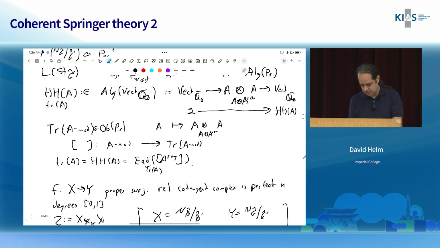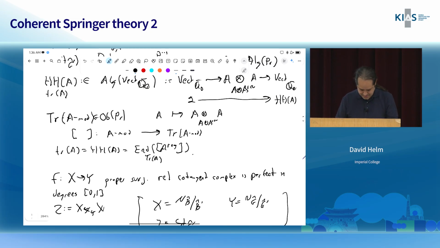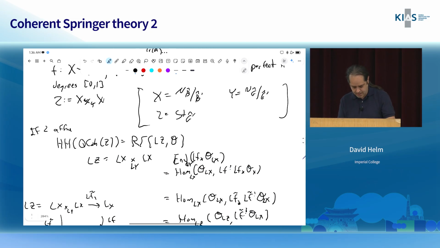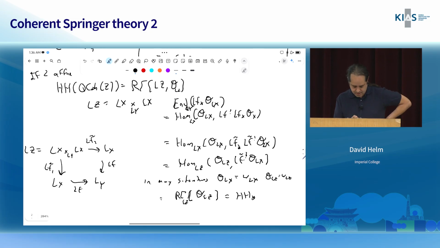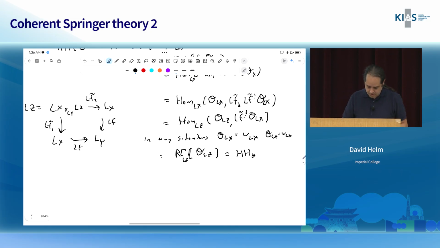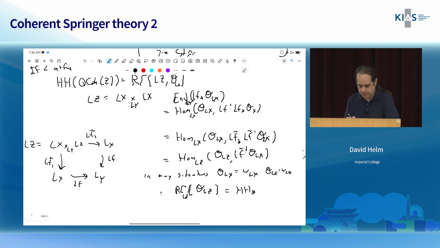Yeah, so the Hochschild homology was R Gamma of LZ, O_LZ, and now we've identified that with the endomorphisms of LF star O_X, which in our setting is the Springer sheaf. So if we were dealing with affine schemes, we could just argue like this, but instead we're going to have to work a little harder.